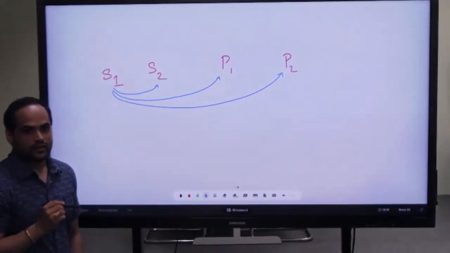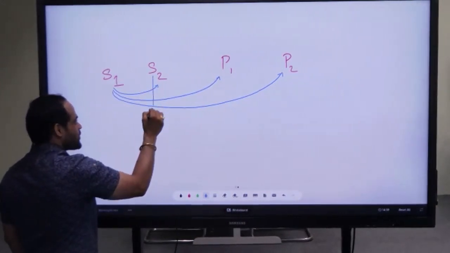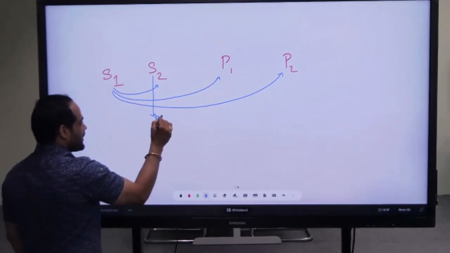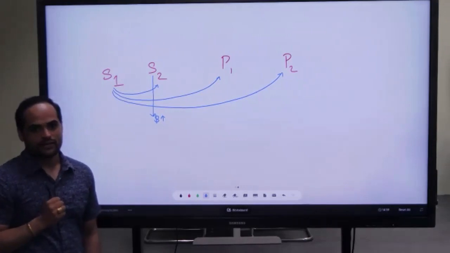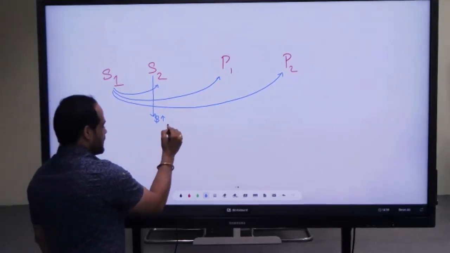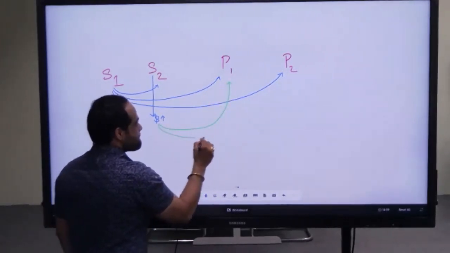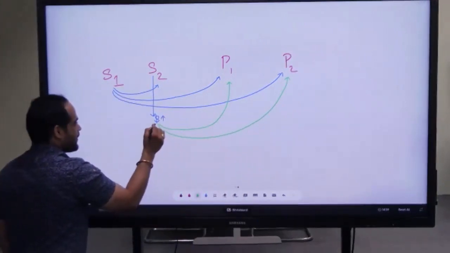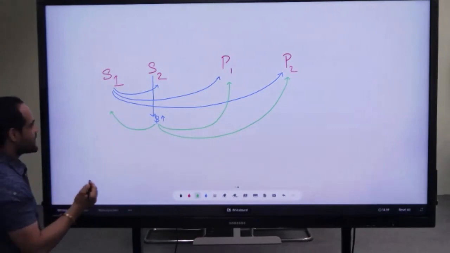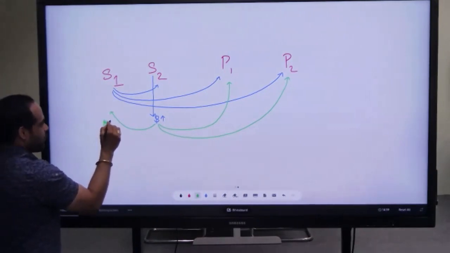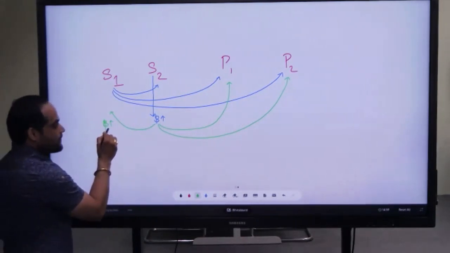So what does it mean? This department's cost will increase, like we did in the step down method. Now this department allocates here, here, and here. As a result, this department's cost now increases, so we got this number.